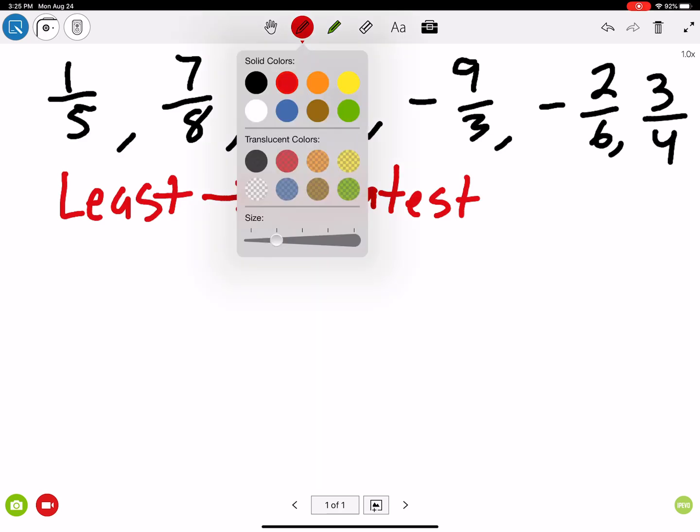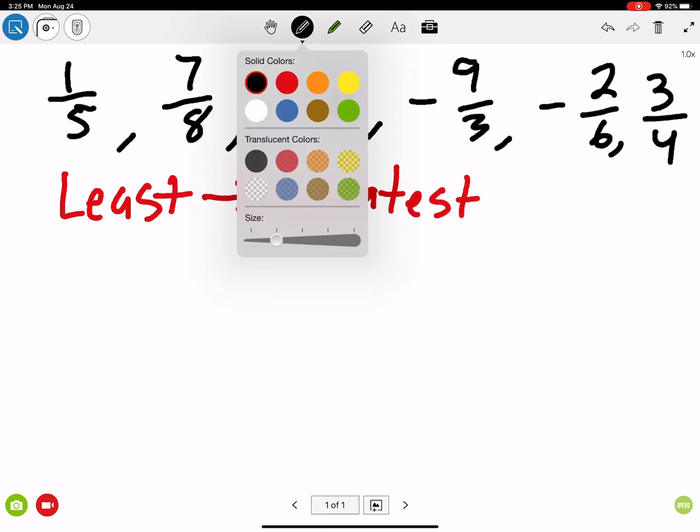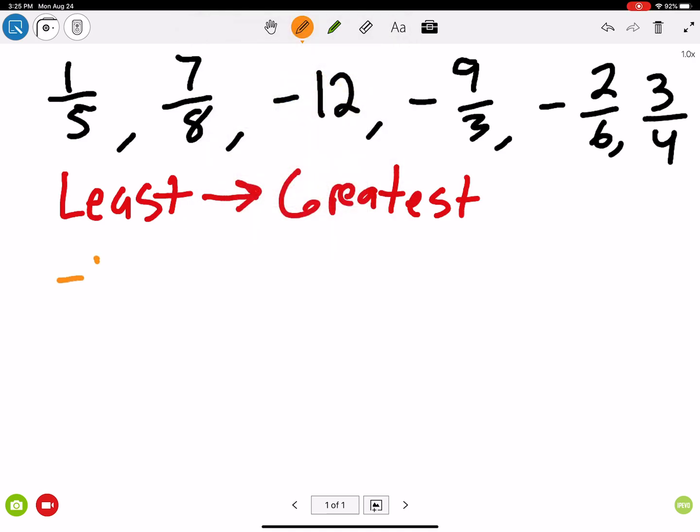Well, right now I'm going to take my negative numbers. Okay, I've got -12. Let's make this orange. I've got -12. I've got -9/3. And I've got -2/6.